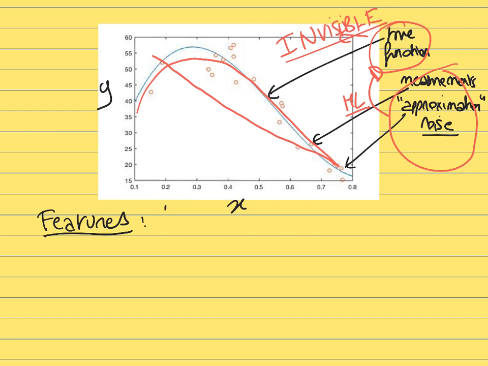In the case of a linear model, we used just the feature x. But if you want to move to a non-linear model, we can still use the same algorithm. We can still use linear regression. We can still use the conjugate gradient to find the best model. But all we have to do is add some new features.